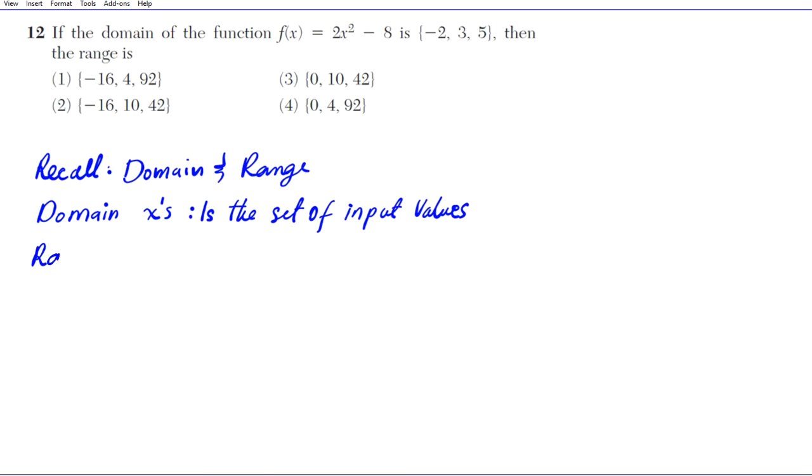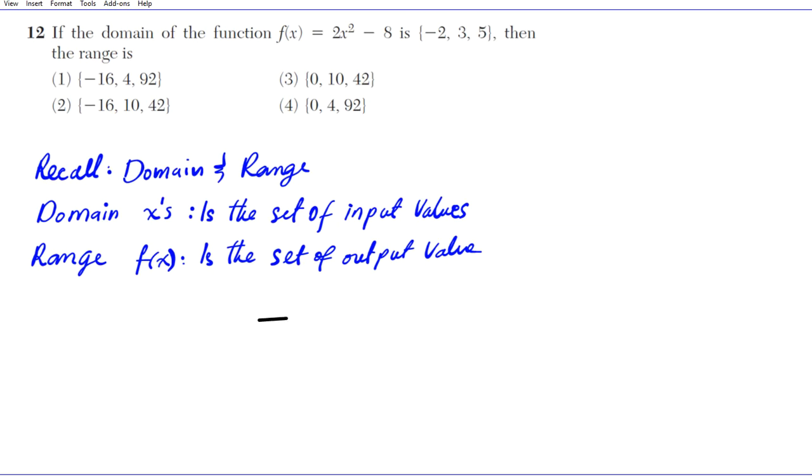And guess what range is? The range, also known as the f of x's, is the set of output values. So you take the domain, input it into the function, and what you get is the range. All right, so let's go ahead and use an in and out table to generate what the range values are.